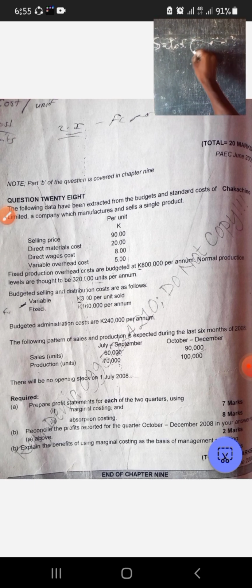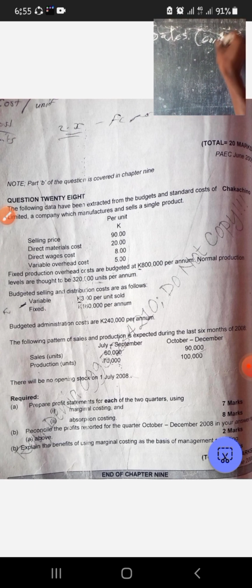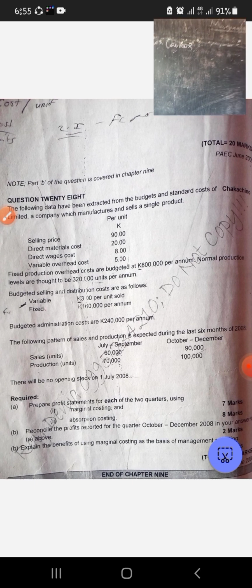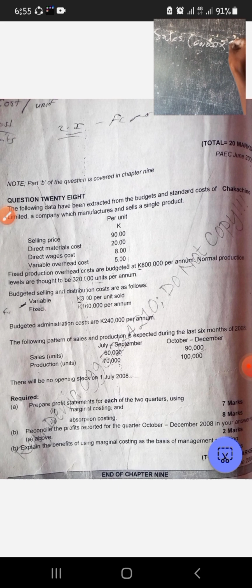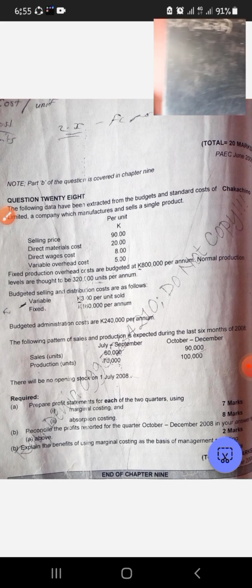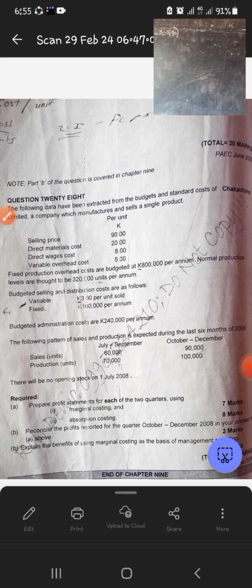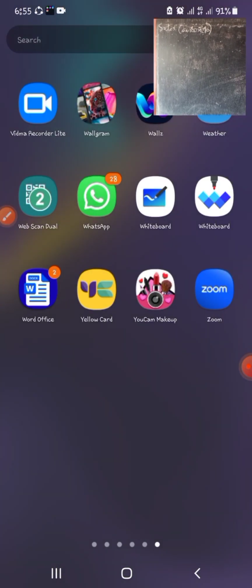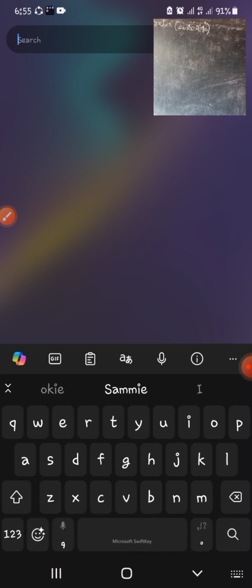This 60,000 has to be multiplied by the selling price, which is 90. Sorry, my calculator is not with me.